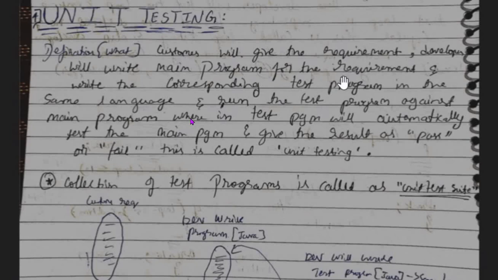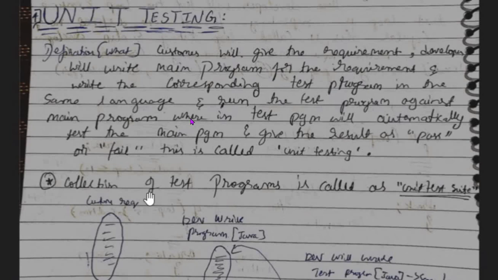After that, he will run the test program against the main program to check whether the main program is working properly or not. He will convert the test program to run automatically, so the test program will automatically test the main program and give the result as pass or fail. This is called unit testing.